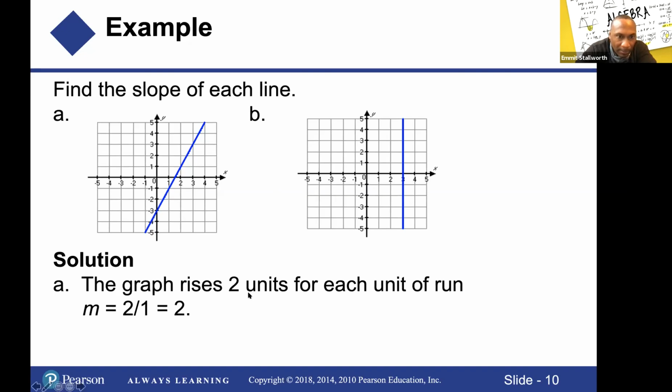The graph rises 2 units. So yes, that's what they did. If you start right here on this negative 3, you're going to go up 2 units, you're going to run 1 unit. So then that means our slope is 1. Of course, on this right here, we know our slope is undefined on the B part. So you see how we did this? You go up 2 units, but you run 1 unit.